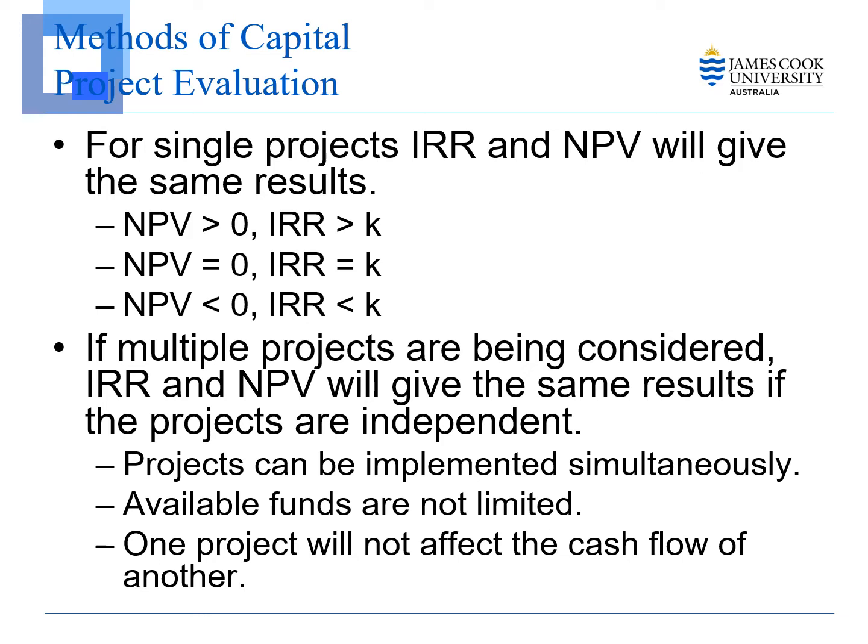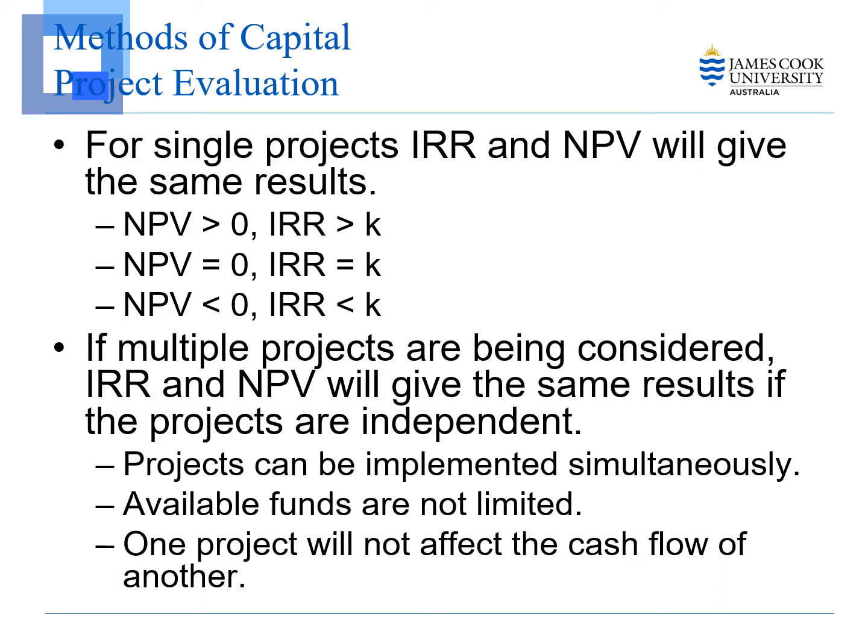However, if we are assessing more than one project, IRR and NPV will give the same results if these projects are independent, which means we can implement the projects simultaneously. We have sufficient funds for it. We don't have capital rationing.